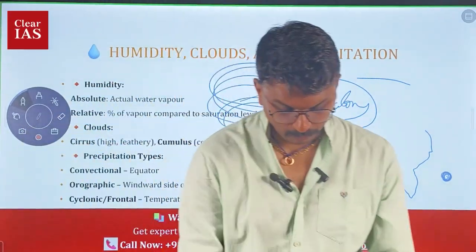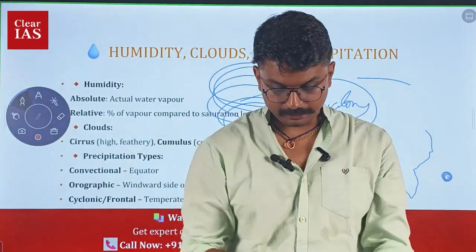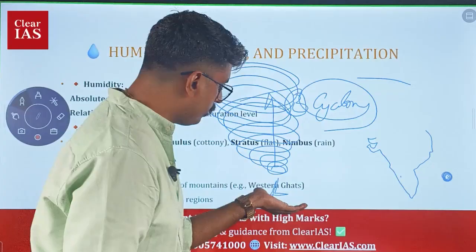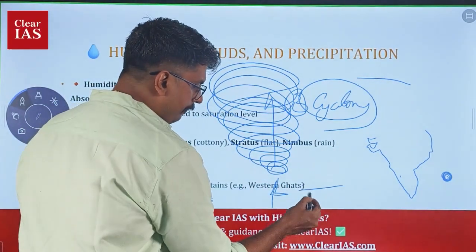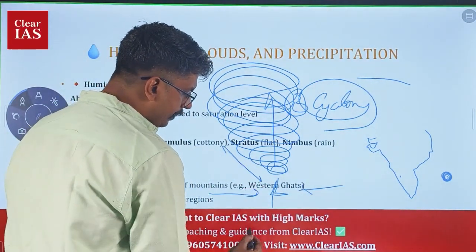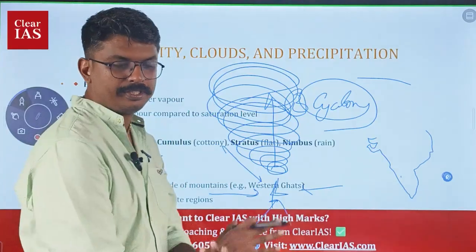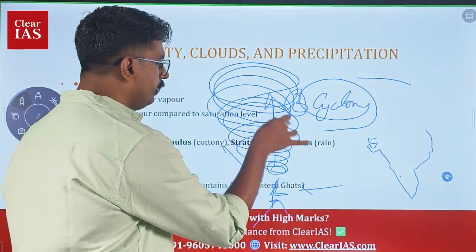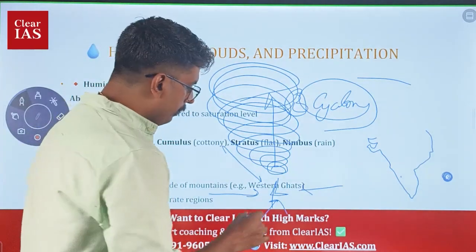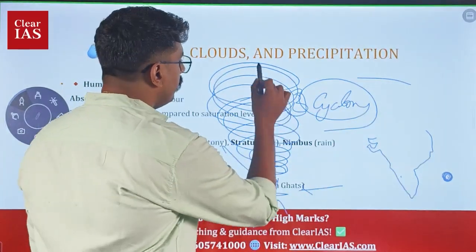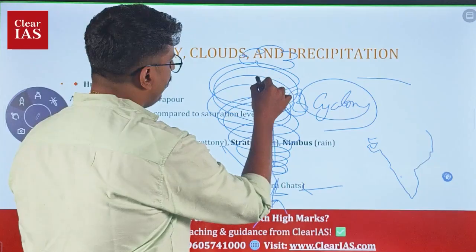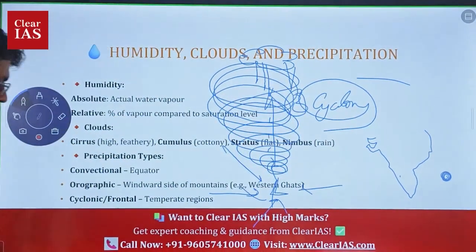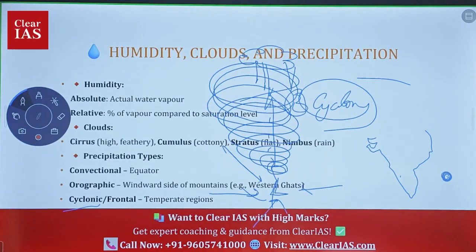If the air moves upward from the ground, there is no air here, so it is low pressure. So when there is low pressure on the ground, air will start blowing in from all directions into this area, and due to the Coriolis force, they start rotating. And when the air rises upwards, it creates clouds and heavy rainfall. Such rainfall is called cyclonic rain.